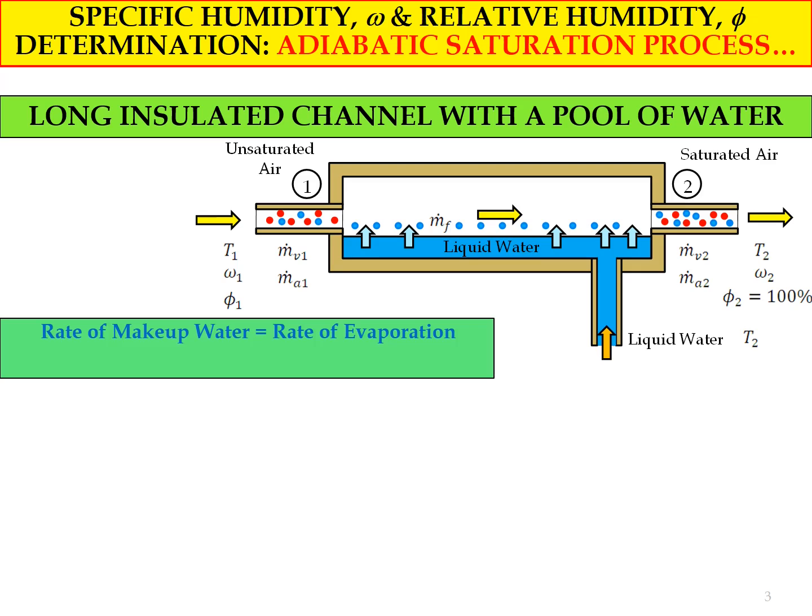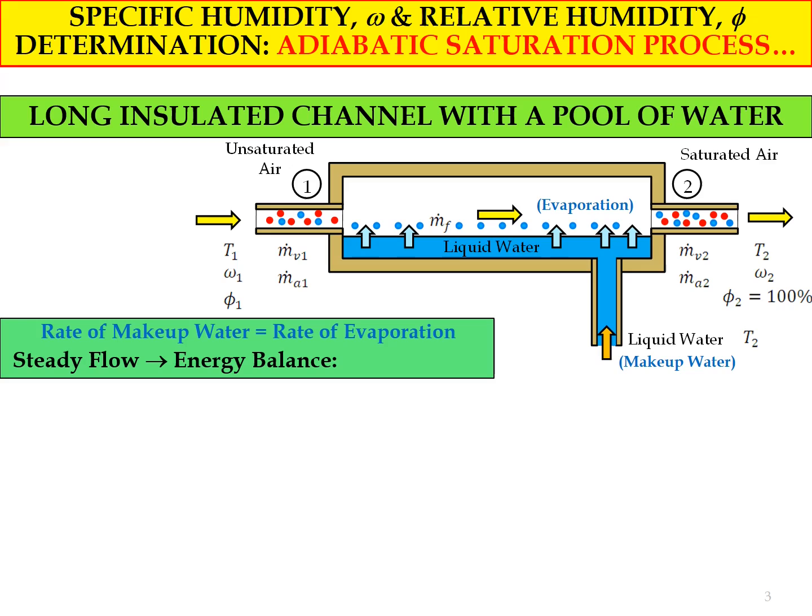For the channel, we have an additional pipeline for makeup water, where we want to make sure the level of the liquid water inside the channel is constant. So the rate of makeup water must be equal to the rate of evaporation in order to maintain the water level inside the channel.